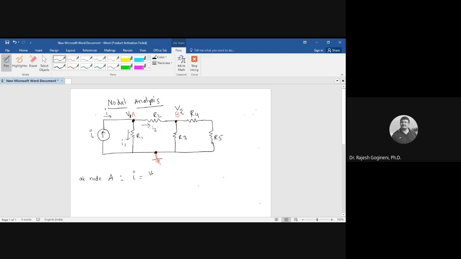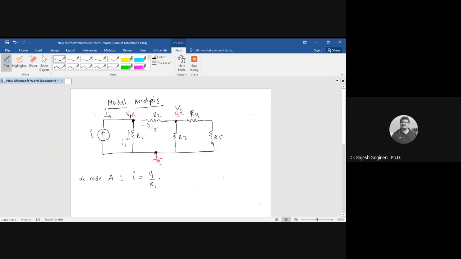I1 is V1 by R1. Because the voltage at node A with reference to the ground node, that is this bottom node, because current is flowing in this direction. V1 is the potential at A, and the ground is at 0 potential. So V1 by R1 is I1.